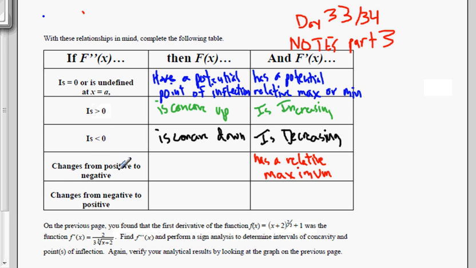Now if the second derivative changes from positive to negative, then the first derivative is going to have a relative maximum. Same as when the first derivative went from positive to negative, the original function would have a relative maximum. That's true from the second derivative to the first derivative. And if I have a relative maximum, then the original function is going to have a point of inflection.